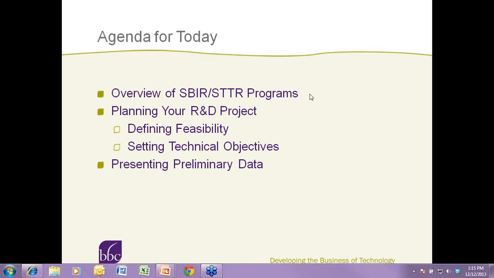This discussion is really going to be focused on planning that R&D project, including both setting technical objectives and an important part of that is developing a preliminary budget. And we also have been asked to address this issue of how to handle preliminary data in the proposal itself.